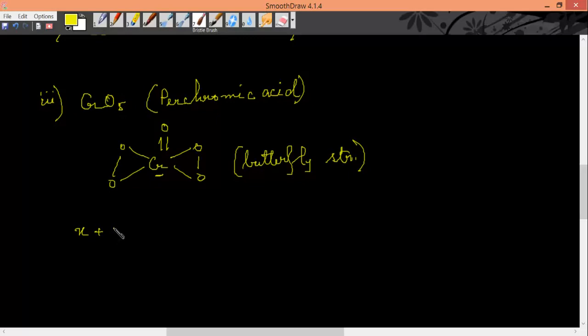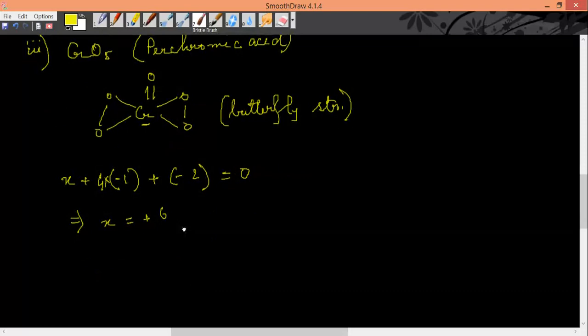So for 4 oxygens, oxidation number of oxygen is -1, and the remaining fifth oxygen, which is a normal oxygen, the oxidation number is -2, and this equals 0 because it is a neutral species. So the X value becomes +6. So oxidation number of chromium in CrO5 is +6.